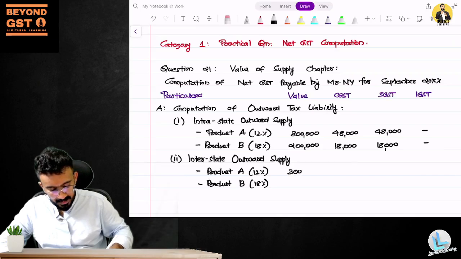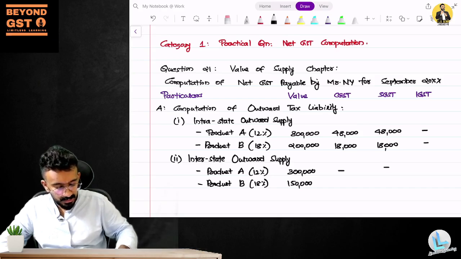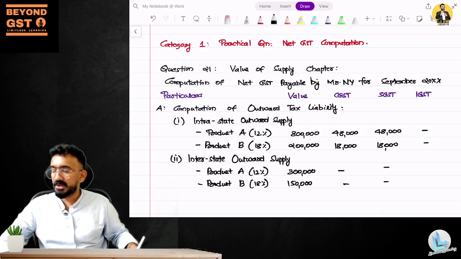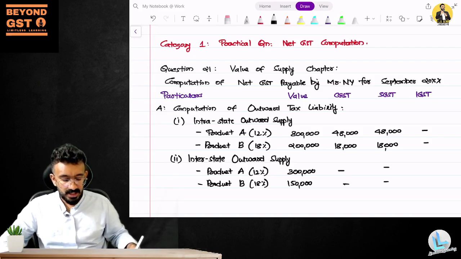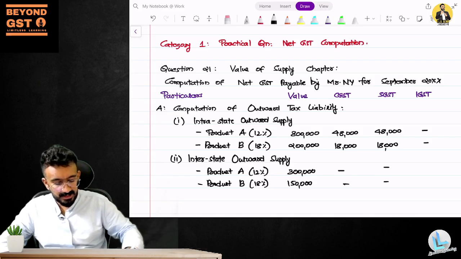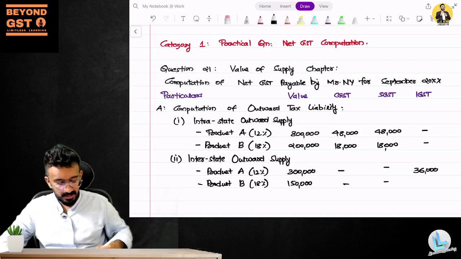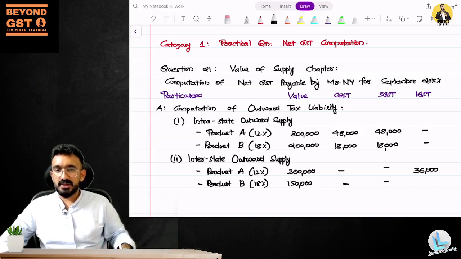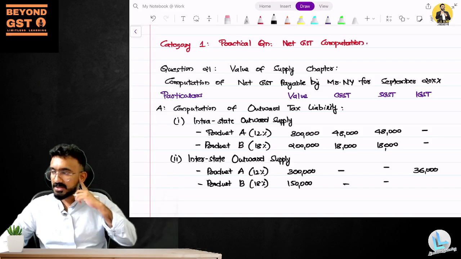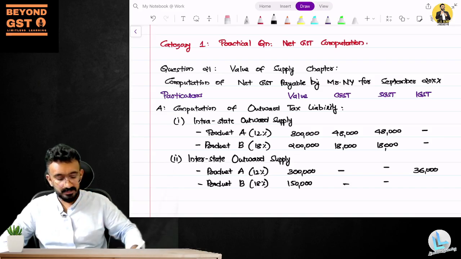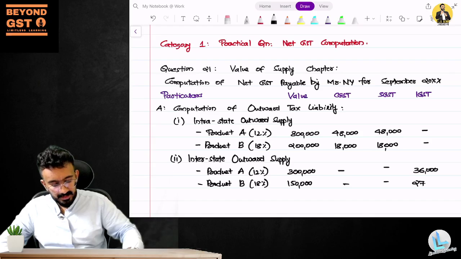I'll put a dash over the CGST SGST columns because I'm going to compute IGST. So what is 12% on 3 lakh? 36,000. What is 18% on 1,50,000? 27,000.